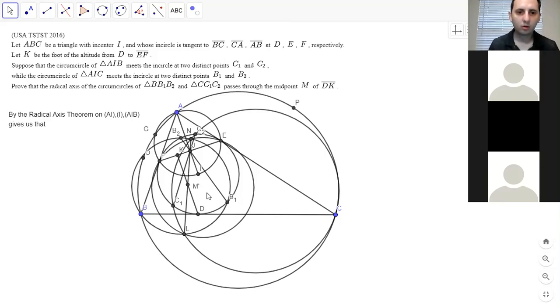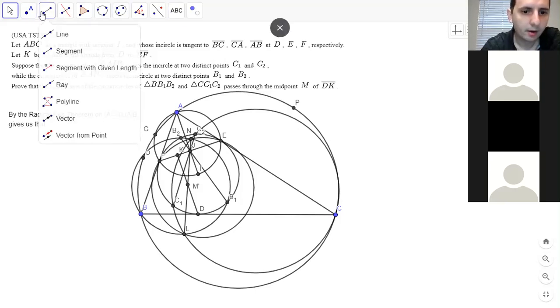Maybe projecting some points, because DK is parallel to AI, and we have to prove the midpoint. So yeah, maybe we could project through J. Let's see. So basically, if we extend AI to meet the incircle, let's say we did that.